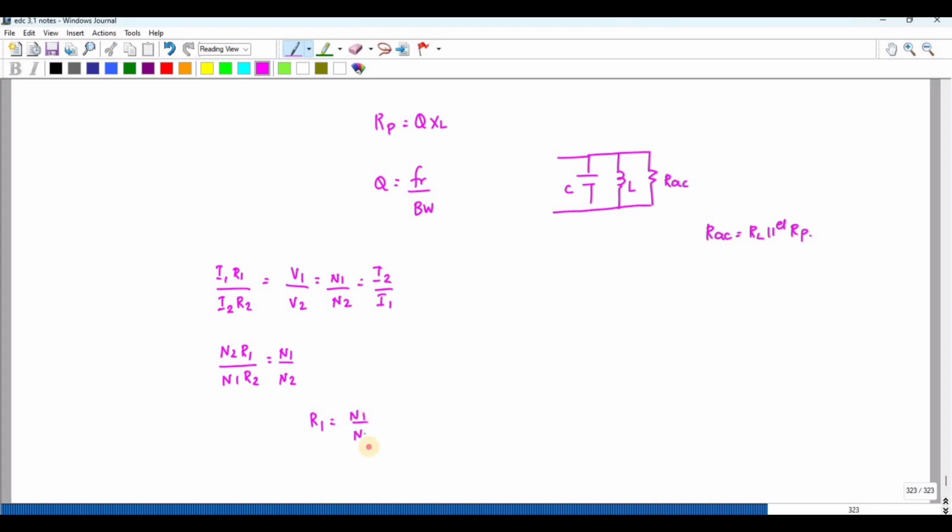Therefore R1 I can write as N1 by N2 the whole square into R2, where R1 is the primary resistance and R2 is the secondary resistance. So the R1 value is N1 by N2 whole square into RL. So RL is your secondary resistance.